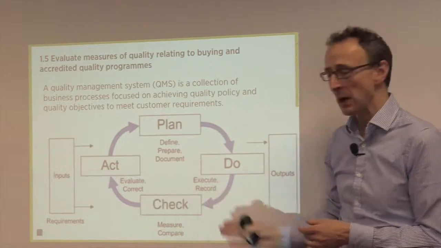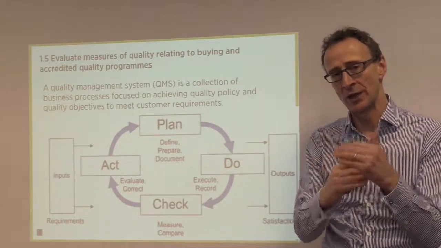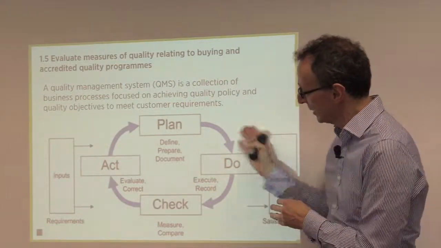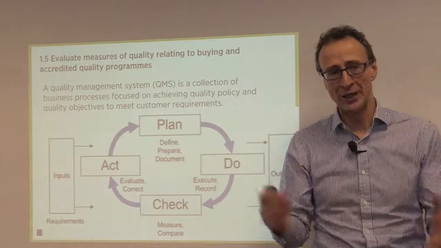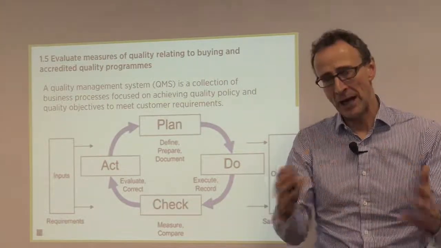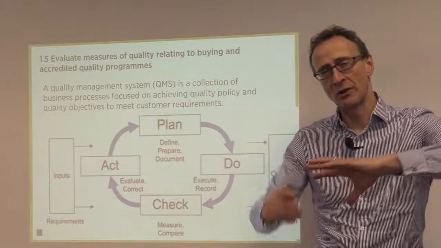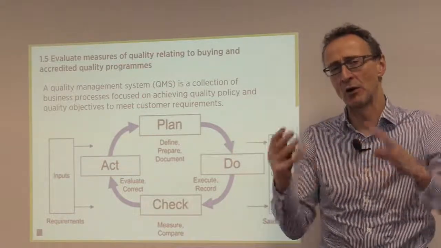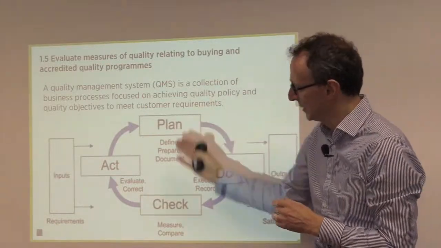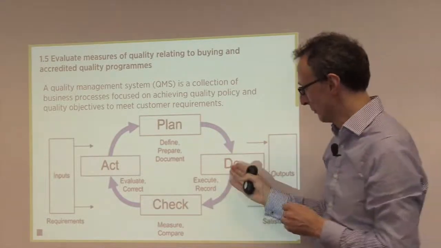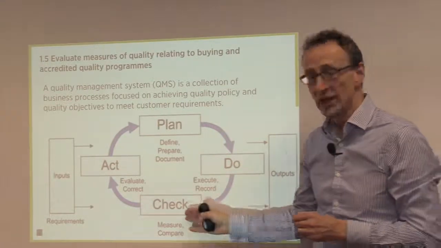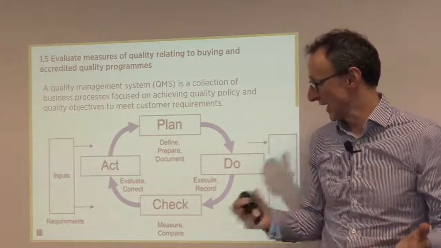So A, we need to plan and we need to document exactly what it is that we're going to do. Secondly, we then need to go and do it. We need to execute it. We need to plan, we need to execute the plan, and we need to record the results as how we get on with that, okay? So A, we write down what we're going to do. B, we go and execute it. C, we then need to check on how we're doing that.